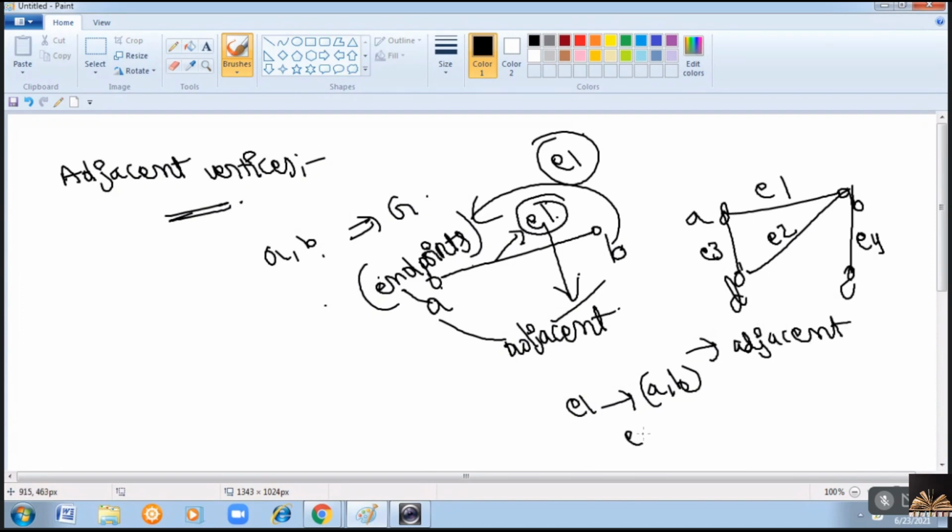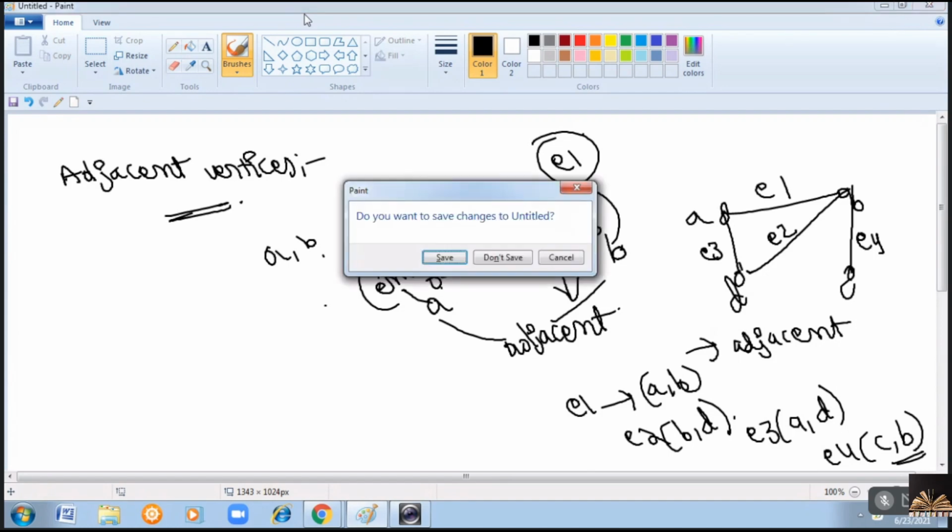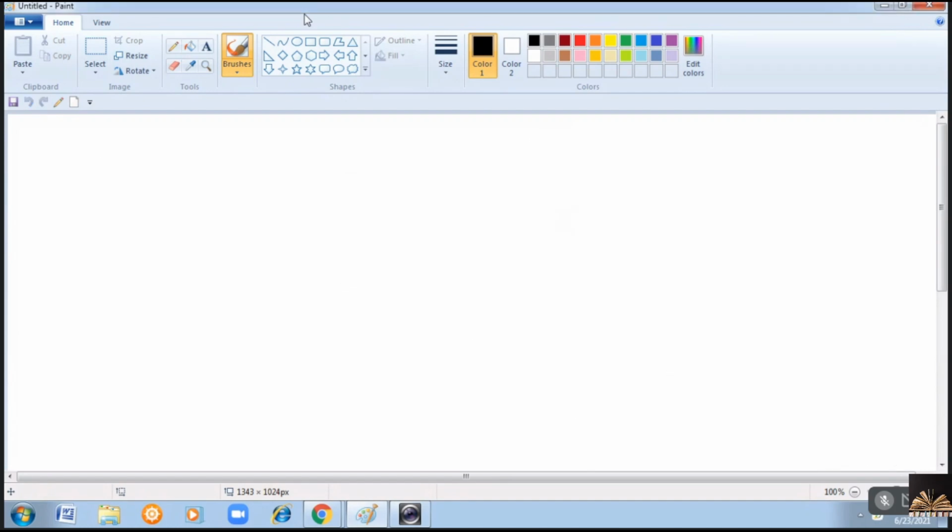Now E2 is from B to D. So these two are adjacent. E3 is from A to D. E4 is from C to, these are called endpoints, adjacent with each other. Right? So those are adjacent vertices, where between any two vertices, if there is an edge formed, we'll call them adjacent vertices. Next is the degree of a vertex.